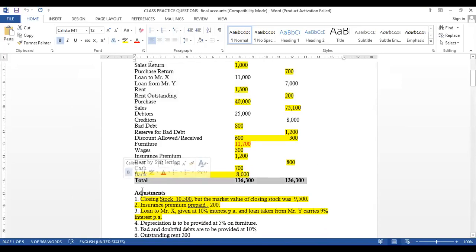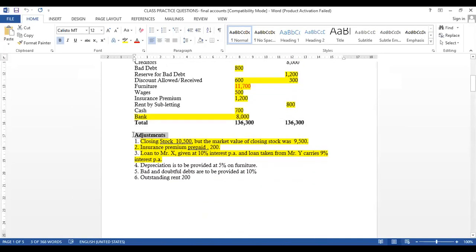Up to there. But down here, there is a list of transactions that has been written, adjustments or additional information.